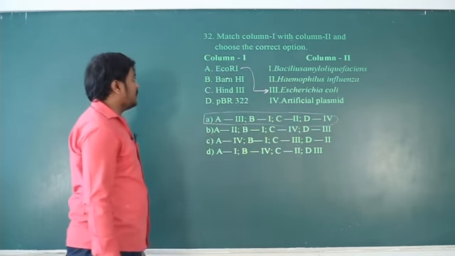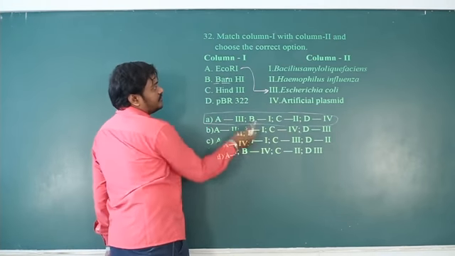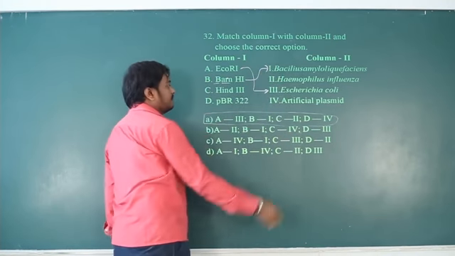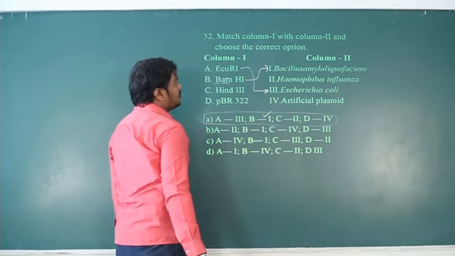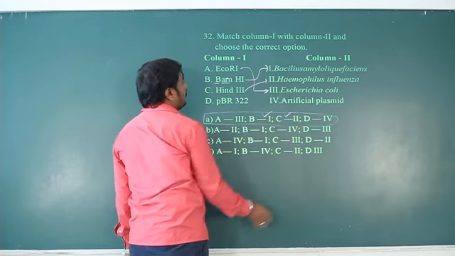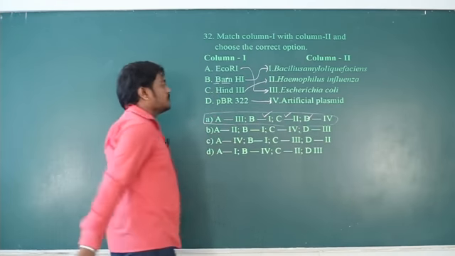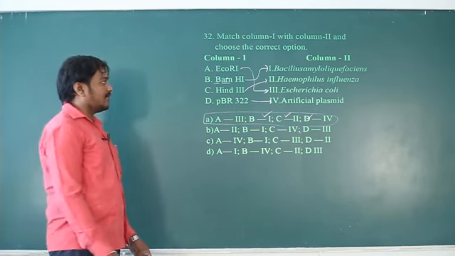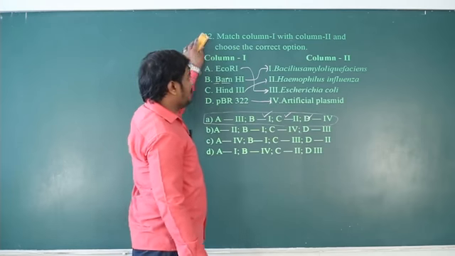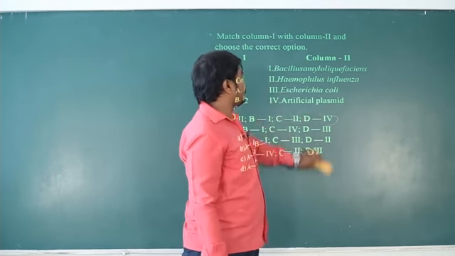Let me confirm: BamHI is from Bacillus amyloliquefaciens, B1, that's right. HindIII is from Haemophilus influenzae, C2. pBR322 is an artificial, tailored plasmid produced by Bolivar and Rodriguez, with the base plasmid from E. coli. So that's right.